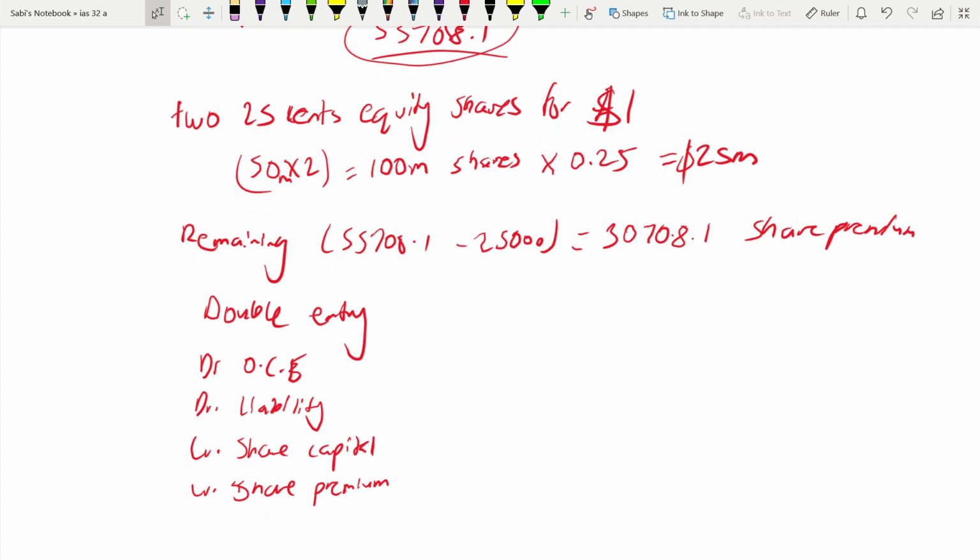How much? In your equity earlier there was this much equity, right? You need to debit it. You need to remove this out now after conversion. Liability also will go, 50,000. In your share capital it will be now 25,000. And share premium will be 3708. So that's it. Now we'll be moving on to the next question.